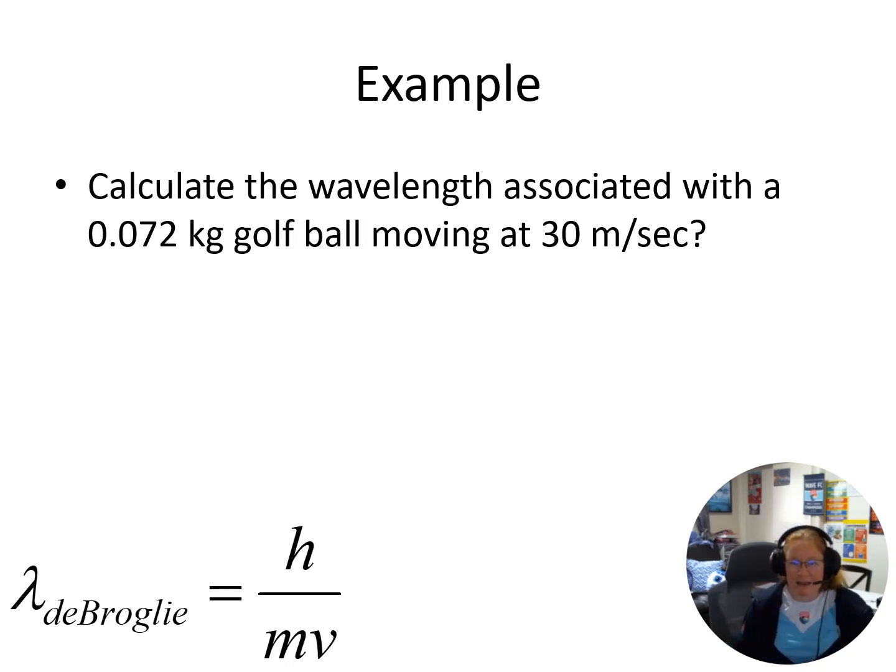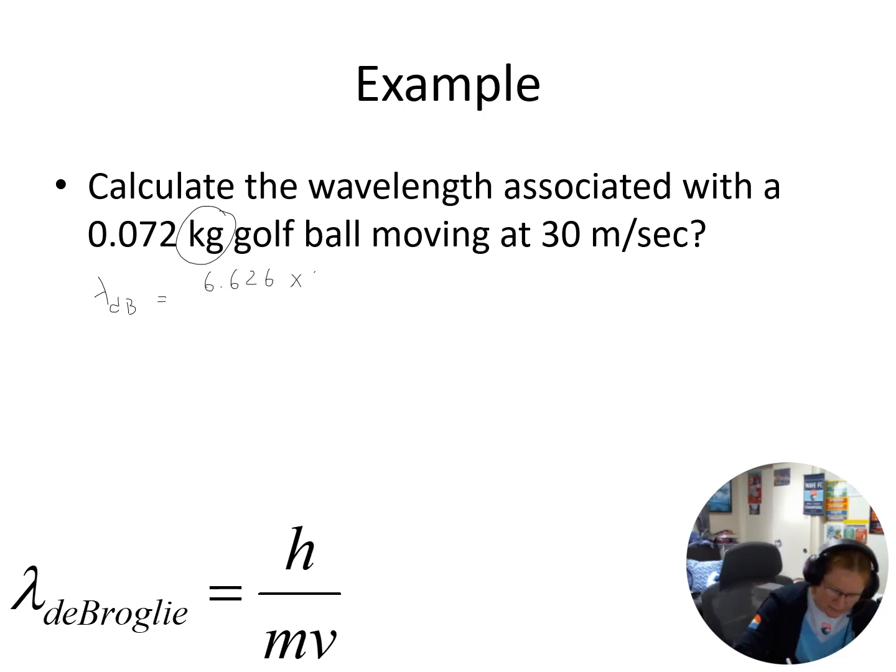So I've got a golf ball moving at 30 meters per second. Okay, this is good. We have kilograms because remember, joules have kilograms in the unit. Okay, and h is our Planck's constant. So we can do our de Broglie wavelength, and I put the equation down there. We're going to take our 6.626 times 10 to the negative 34th kilogram meter squared per second.